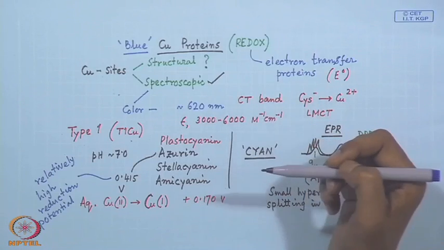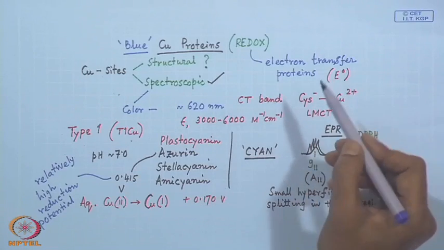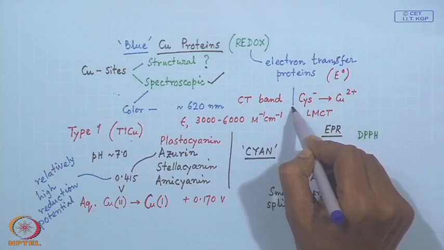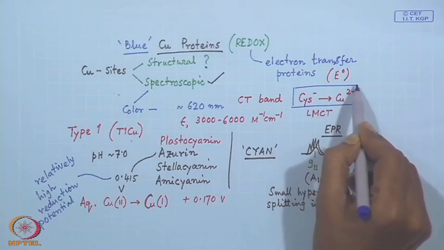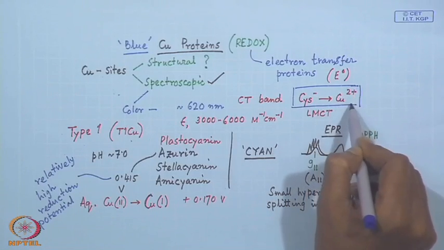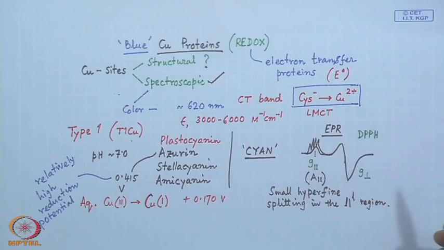So, stepwise, we initially find that you have this coordination. So, this particular information will give you that at least you have one cysteine sulfur attached to your copper site.